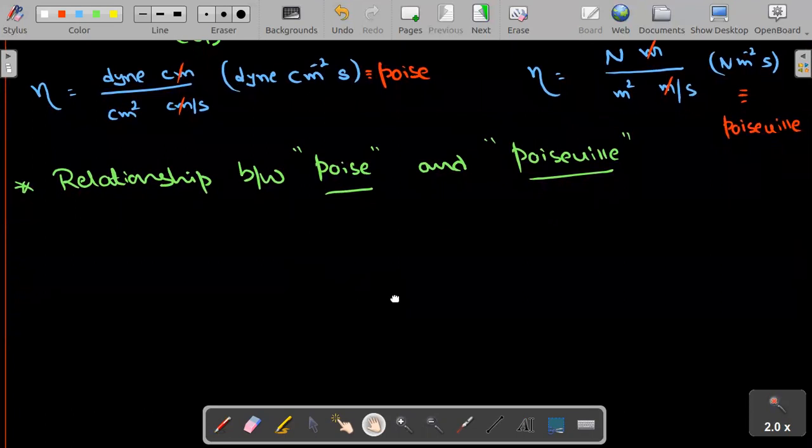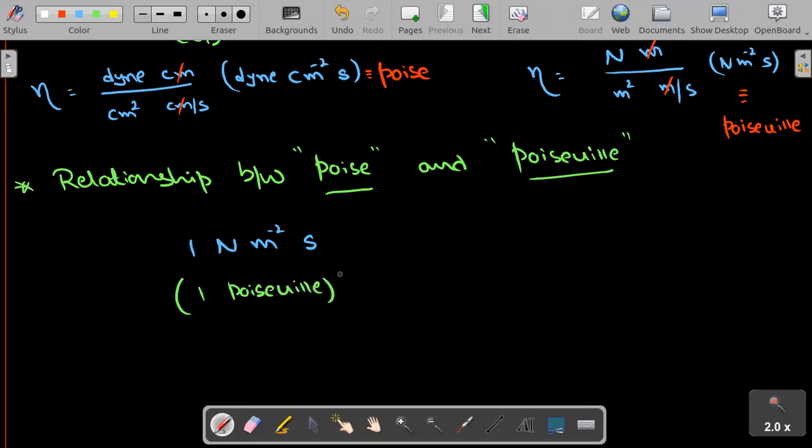Remember that here we have 1 Newton meter power -2 second, isn't it? What are we calling it? We are calling it 1 Poiseuille.